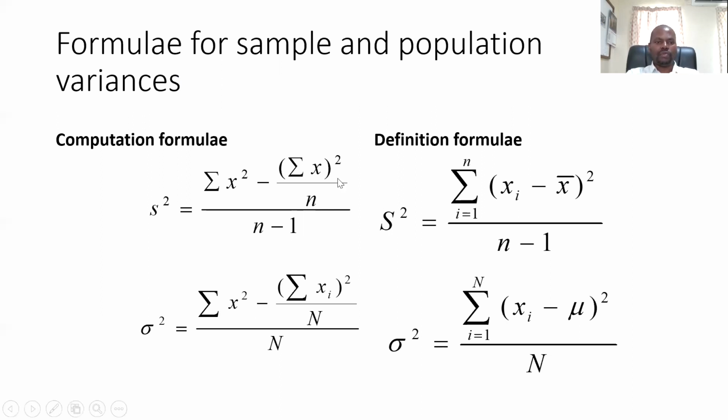If you look at this formula, I think it should also be a familiar formula, the top part here. Now this we call the correction factor, and this one we call raw sums of squares. And this one is the sum of squares, the sum of square deviations from the mean.